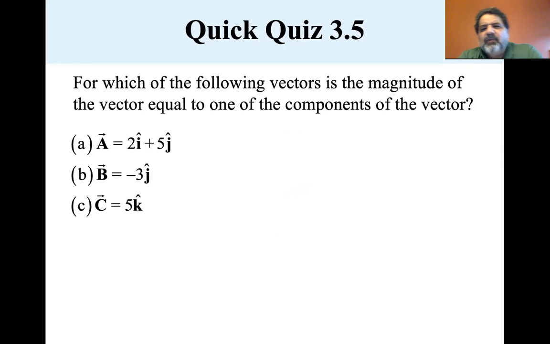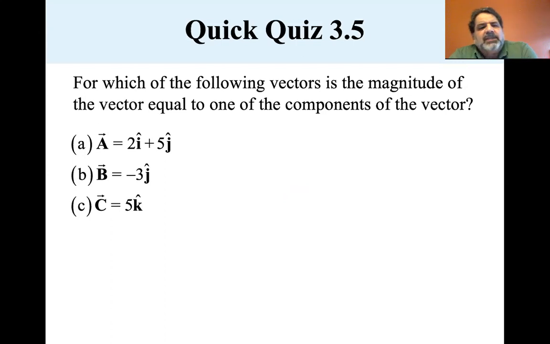Okay, for which of the following vectors is the magnitude of the vector equal to one of the components of the vector? Well, the magnitude of the vector A was the square root of 4 plus 25. So it's the square root of 29. Well, that's bigger. The square root of 29 is bigger than both of those components.